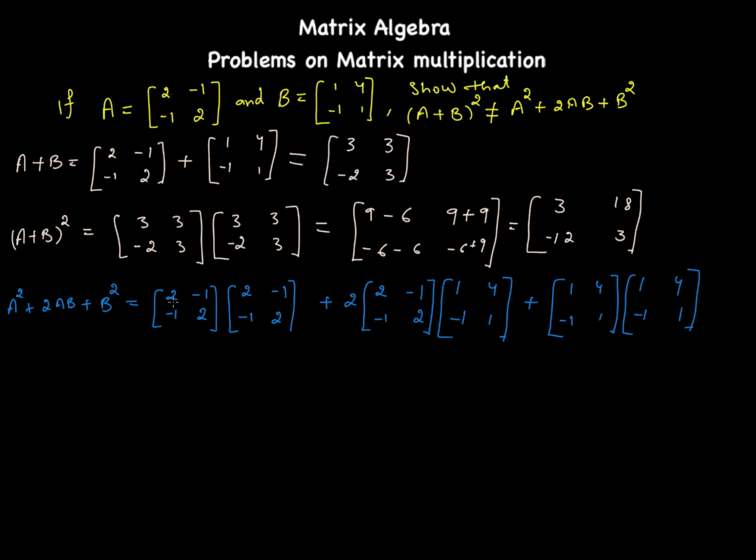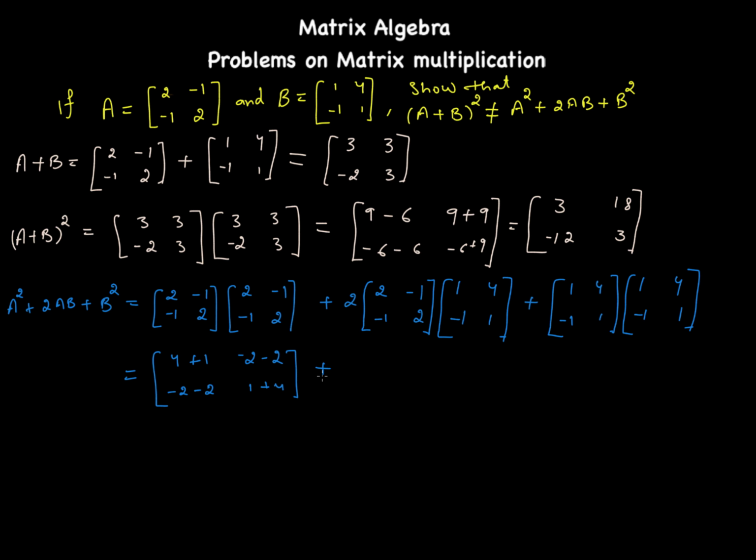And now we're going to do some matrix multiplication. Remember, the columns of the first matrix need to be equal to the rows of the second matrix, then you can multiply them. In this case, yes, they are equal and we can multiply them. I'll write down the products: 4 plus 1, then -2, -2, and 1 plus 4 for A squared.